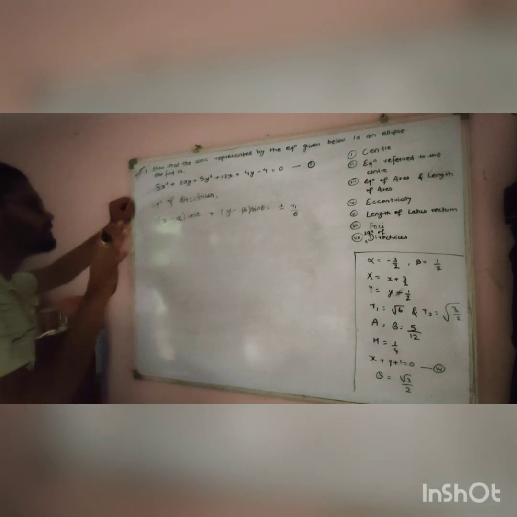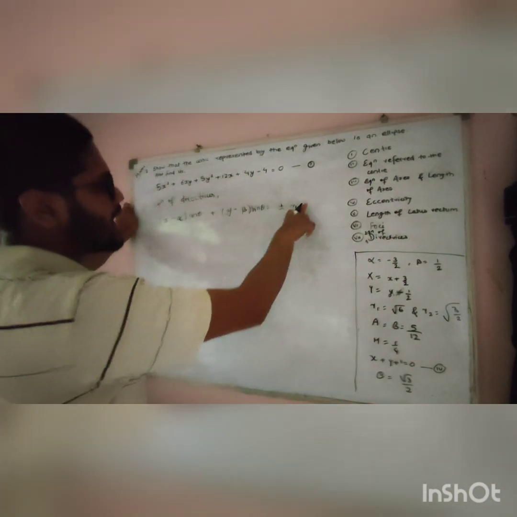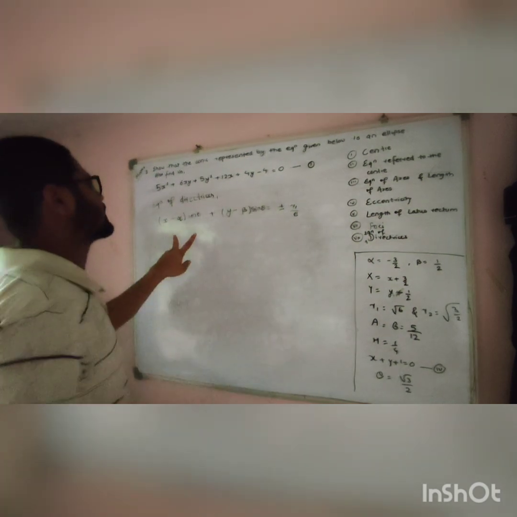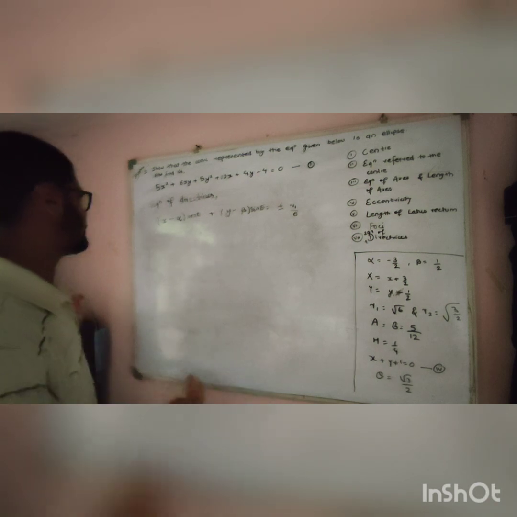Now substituting the values of alpha, cos theta, beta, sin theta, r1 and eccentricity, we can find out the equation of directrices, which will be two equations representing two directrices.